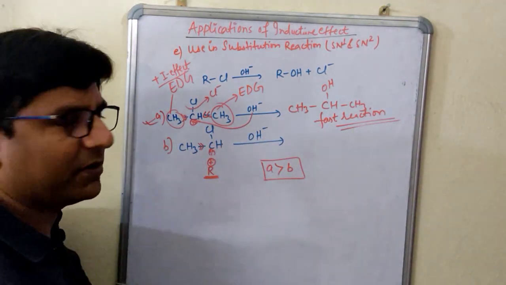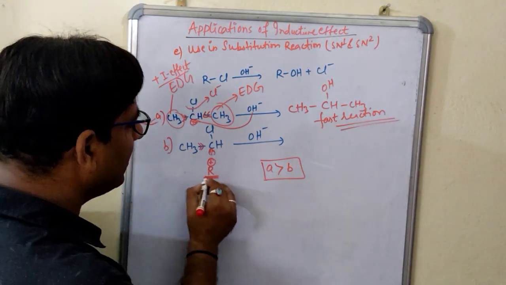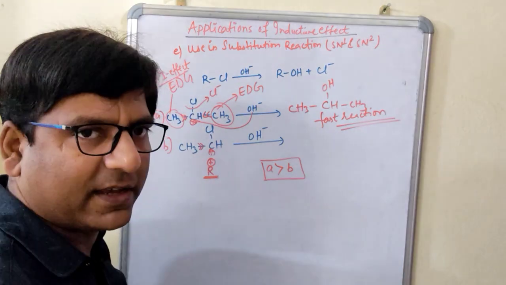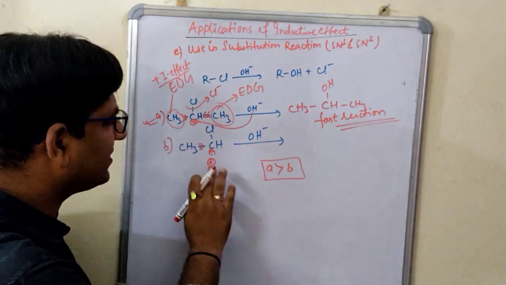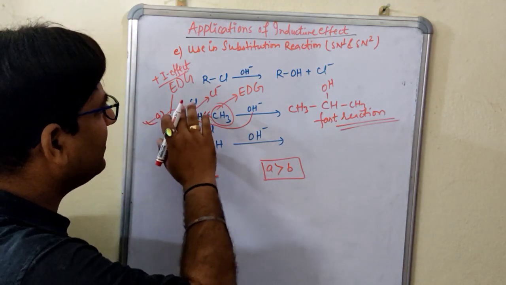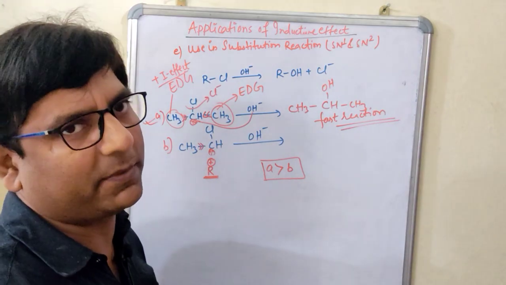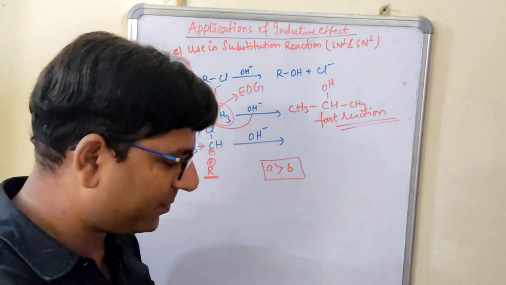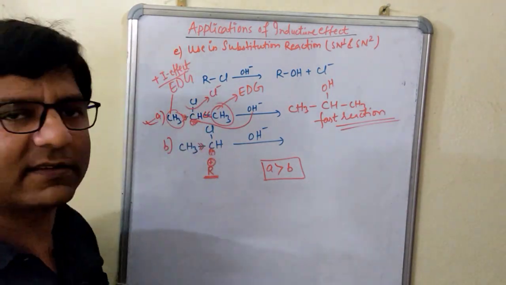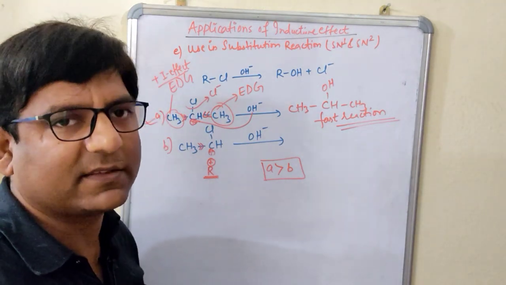And the reason I have stated here. The only thing you need to remember is to stabilize the carbon carrying the positive charge, and how quickly you are stabilizing the positive charge. The easy removal of this halide ion depends upon how quickly this positive charge is being stabilized. And that depends upon what? That is the plus I and the minus I. Which kind of group is there? Whether it is stabilizing or destabilizing.